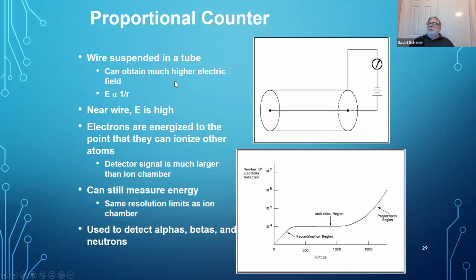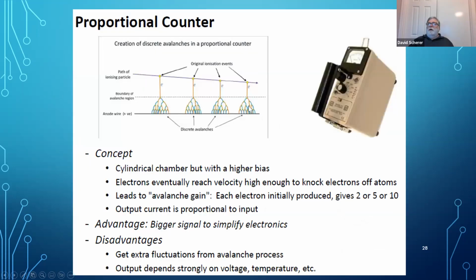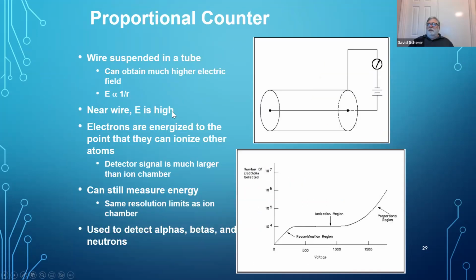So this is an example of a proportional counter, a central wire anode with the cathode around the outside. You have a high electric field near the center. The electric field goes as 1/R. That's why all the avalanche takes place near the electrode. We have ionization that takes place, which gives rise to amplification. It can be used to detect all kinds of radiation, not just photons.